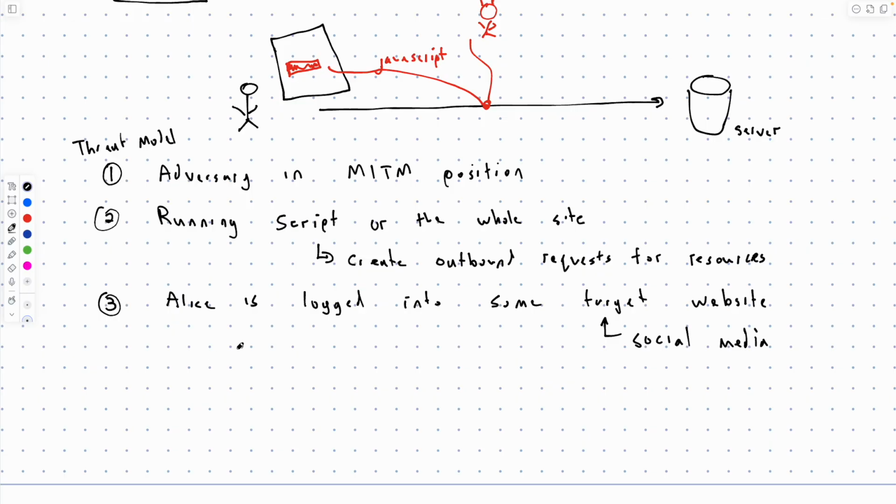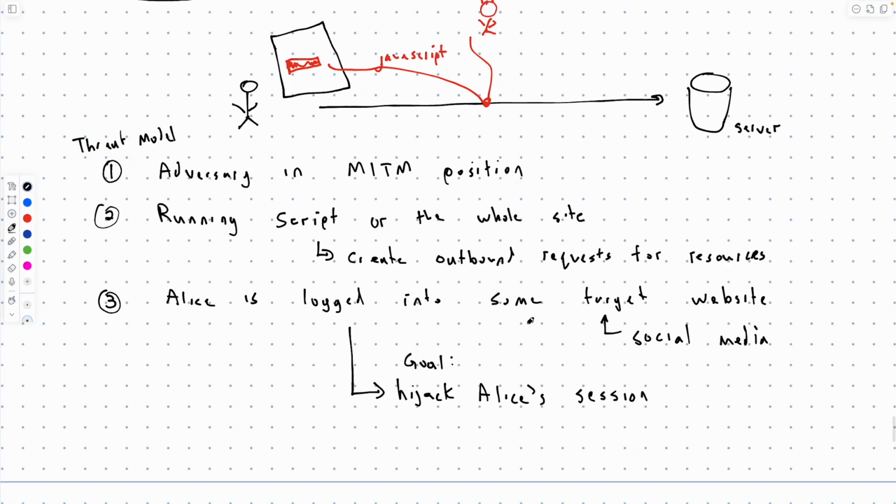Then the goal of the adversary will be to hijack Alice's session. Okay, so this is the goal. Now, what does that mean? What does it mean to be logged into a website? What does it mean to hijack someone's session?